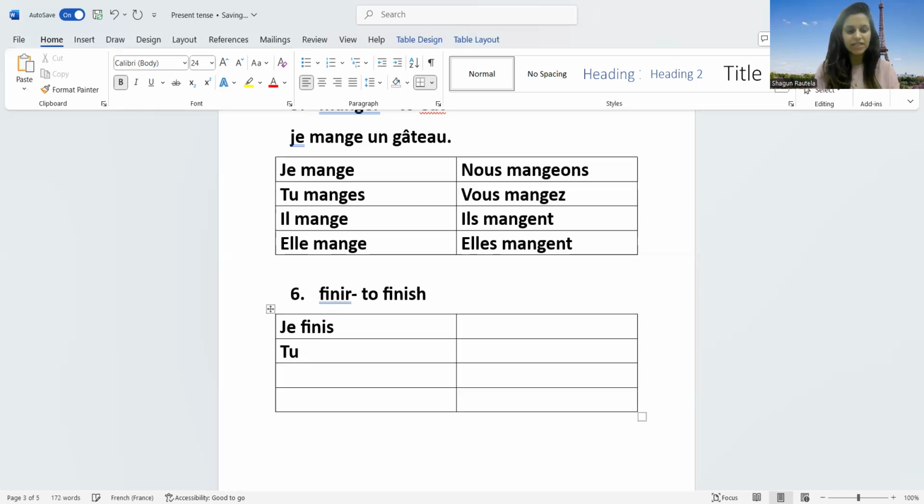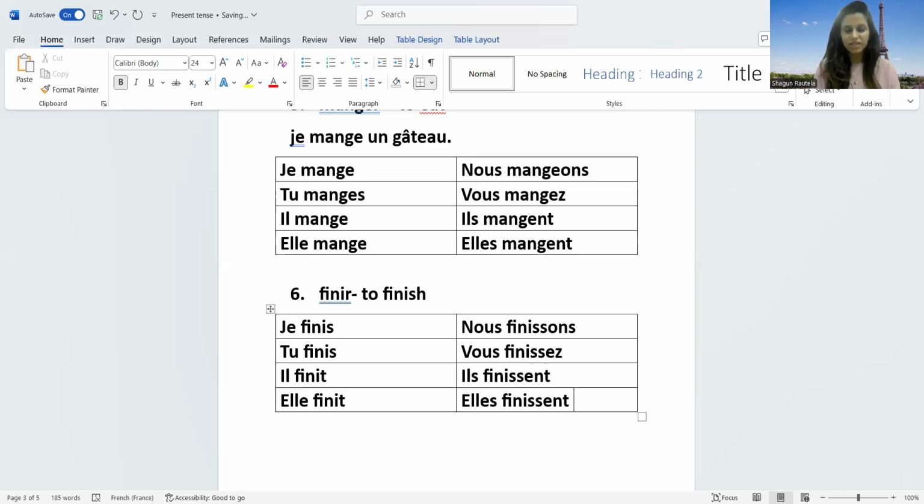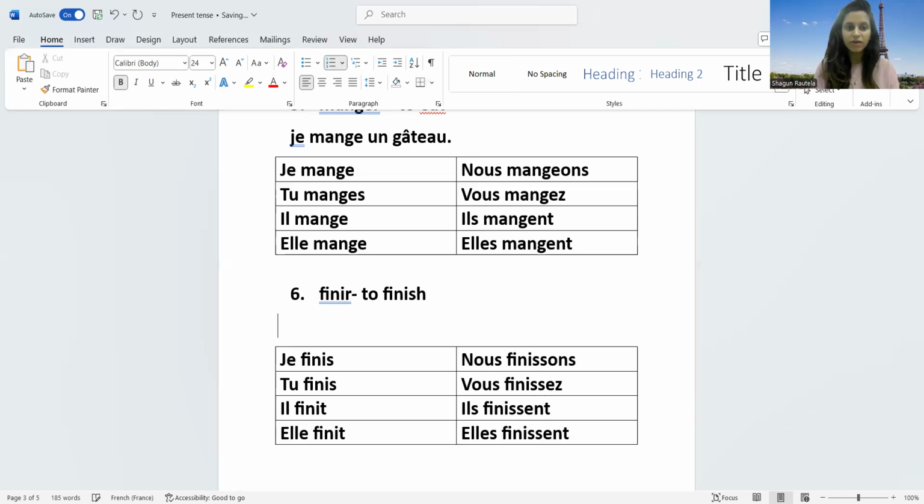Finis, ending with S. Finis, ending with S. Finit, ending with T. Moving on to the right side, it is double S, ONS: finissons, finissez, finissent.